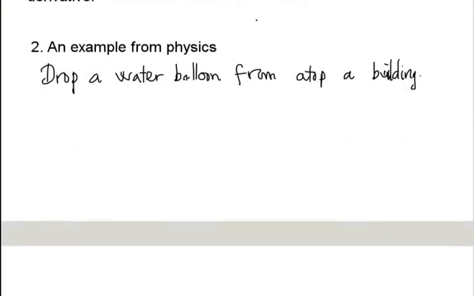So let me draw a picture here. Say at time t0, the balloon is at the top of the building, and a certain time t later on, the balloon is somewhere else.